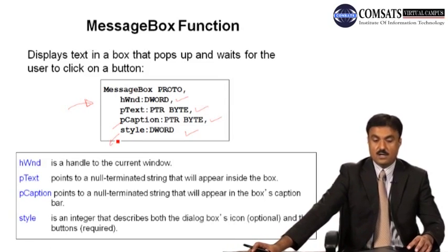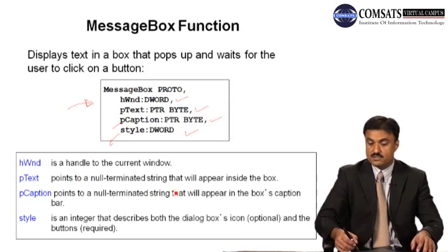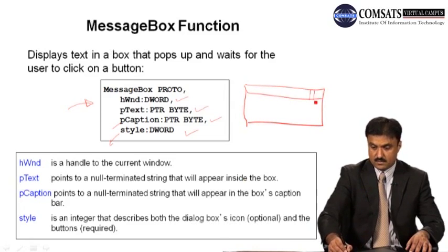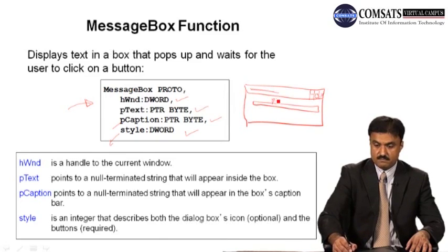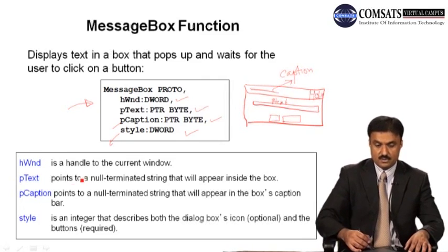So in this one, we have the handle to the current window, then we have the text, a null terminated string that will appear inside the box. For example, here if I write one structure, this is the text and this is the caption, and these are the buttons that you are going to use.